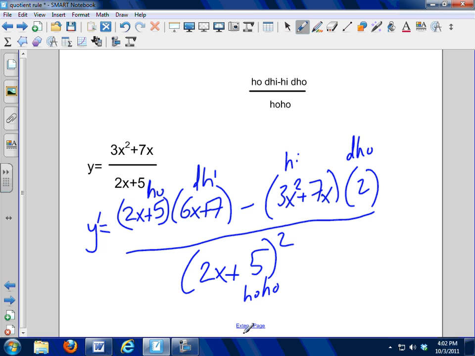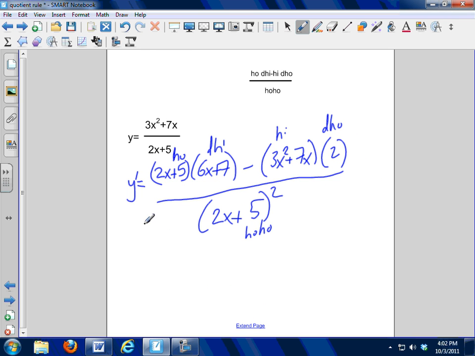It would be great if we were done now, but we can't leave that. That's ugly. It doesn't really help us with the derivative. We need to simplify this top. We don't want to leave things laying around. So we're going to do the FOIL thing. 12x squared. Inside I've got 30, outside I've got 14, so I'm going to go with 44x plus 35, minus, distributing, 6x squared minus 14x.